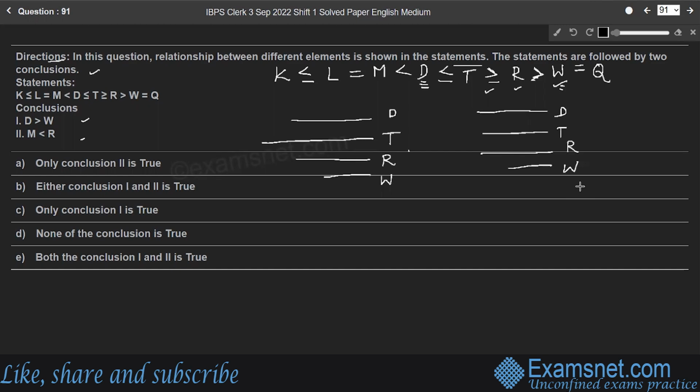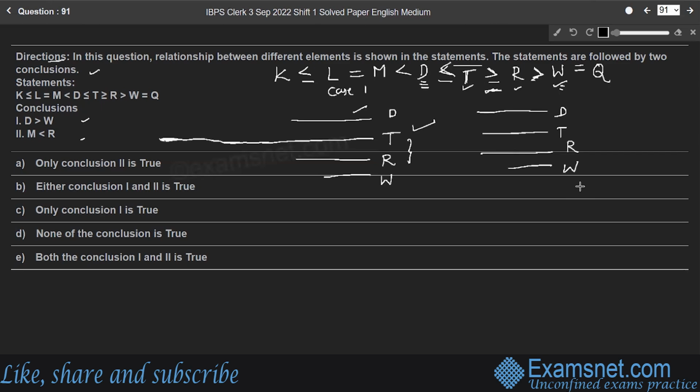No, it is a false conclusion, because it is given that T is greater than or equal to R and D is less than T. So you can extend the line T as much as you want, so that D is less than T. There is no limit for line T, and in the further step, T is greater than R, so there is no restriction here for line T.